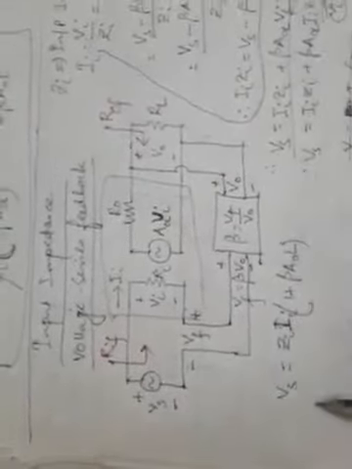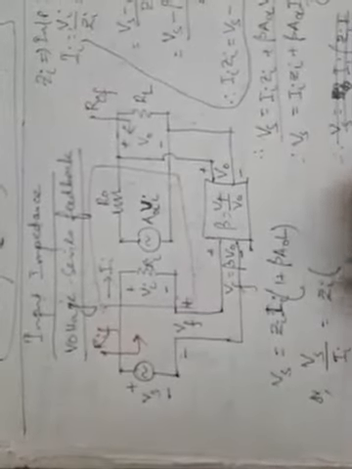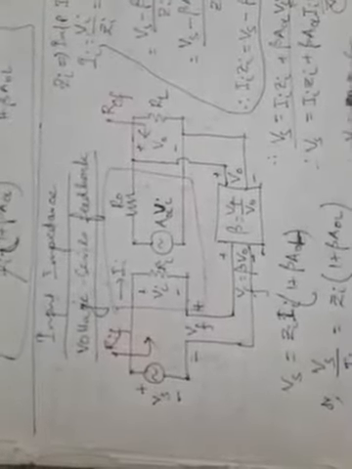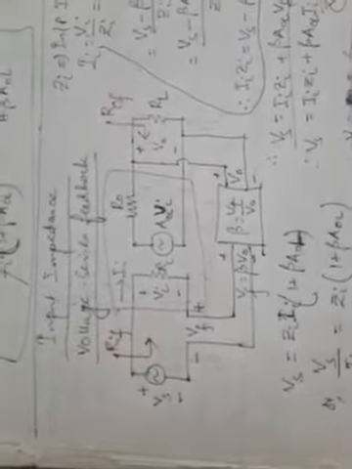Now take II to the left side, so Vs by II is equal to Zi into 1 plus beta AOL. Now what is Vs by II?